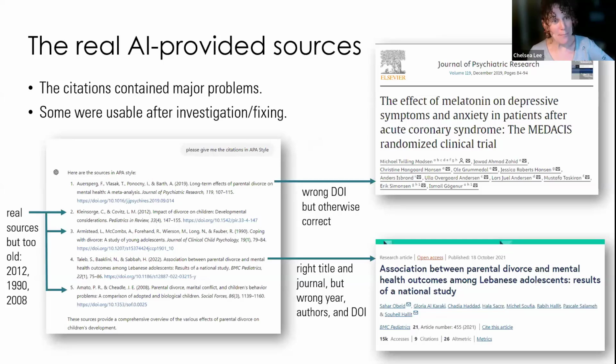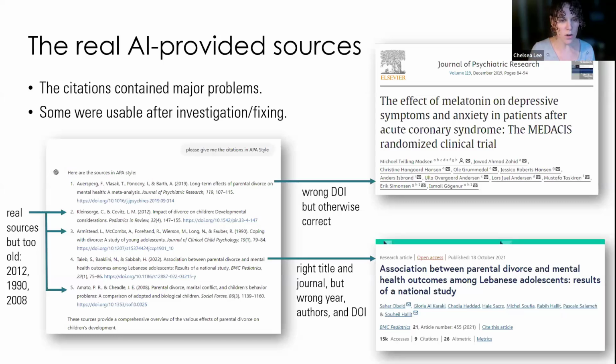There were big problems. Here were some of the problems that happened to me in this one example case. The first reference is right until you get to the DOI, which is the link to the article, and the DOI goes to an article about depression. Totally wrong. 3 of the sources are real, but they're way outside the time frame of 5 years. One of them is from 1990. And another source seemed to be pieces of other sources that the AI just put together.